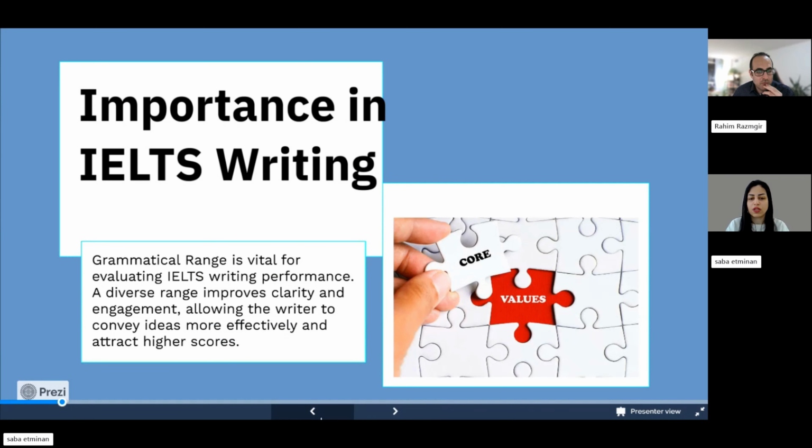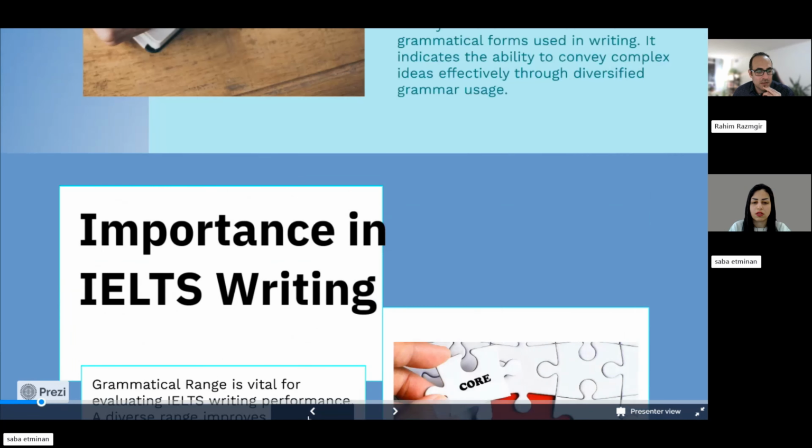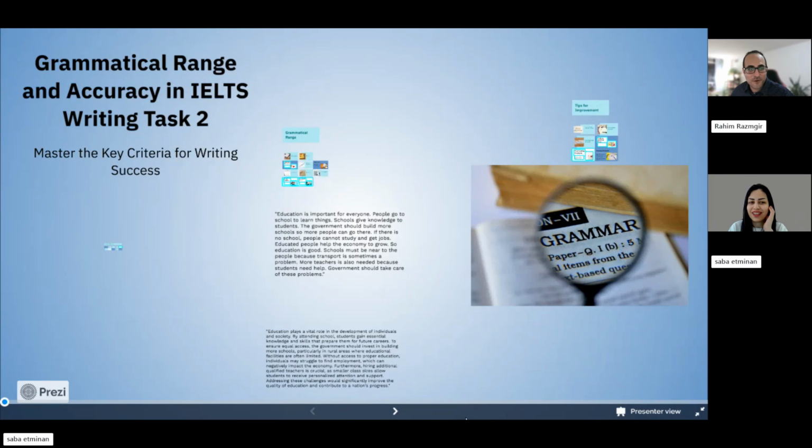Can I suggest something just before we continue? If you go back twice, I just want to share something with our audience here. Did you notice how cool the zoom was in the first slide? This is the whole topic of this presentation, grammatical range and accuracy in IELTS Writing Task 2.